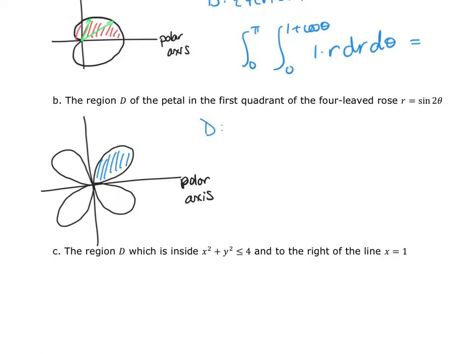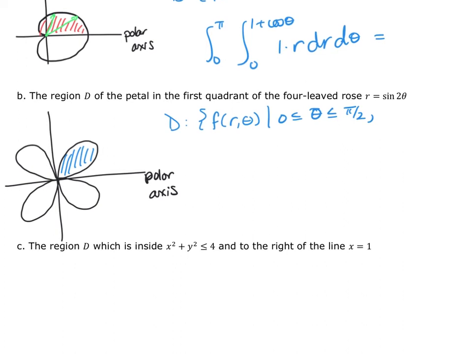So my region D is f of r, theta, such that my theta is going to run between 0 and pi over 2. My r is going to be constrained between 0 and this function, which is the sine of 2 theta.